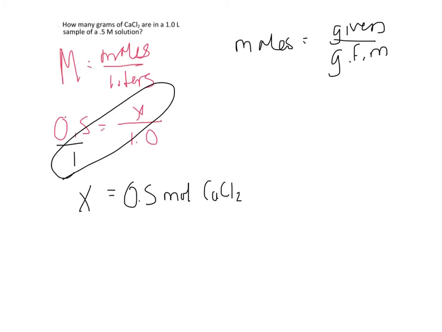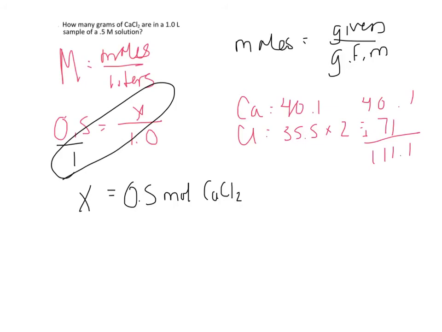To find the gram formula mass of calcium chloride, we'll find the gram formula mass of calcium, 40.1, and chlorine, 35.5. Now, since calcium chloride has 2 chlorines, we have to multiply that by 2. So there's a gram formula mass of 111.1.